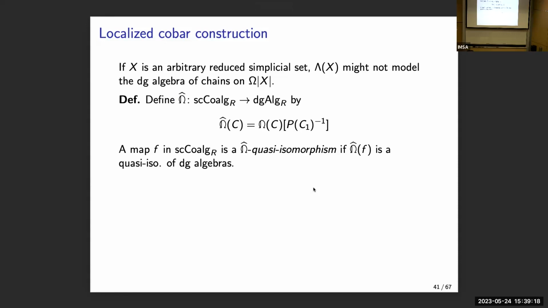So how do we deal with this? We define a localized version of the cobar, called omega hat. It takes a simplicial commutative coalgebra and produces a DG algebra as follows. If C is a simplicial commutative coalgebra, this new DG algebra is obtained by first looking at the DG algebra obtained by applying the cobar functor. And then you look at, so C is a simplicial coalgebra, in degree 1 it is a coalgebra.